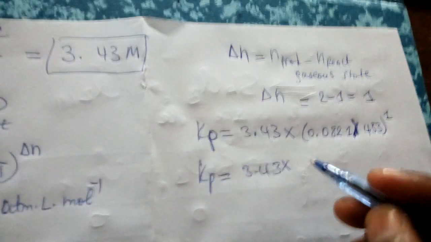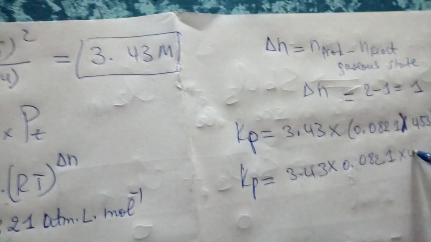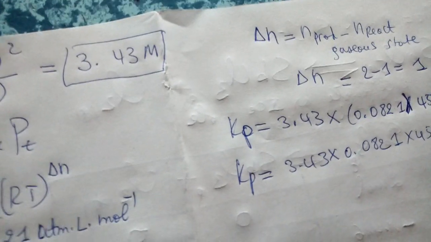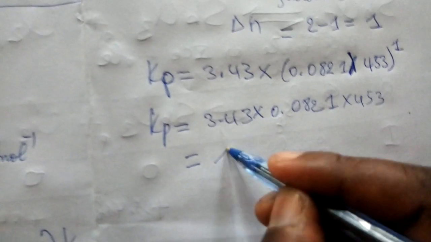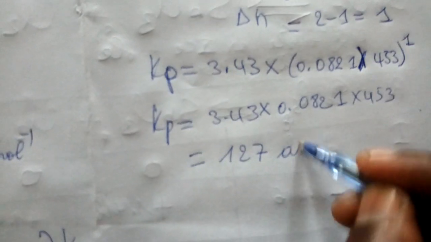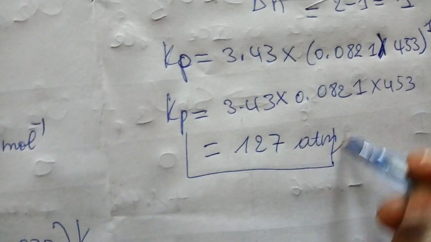So we multiply 0.0821 times 453, and here we find that it is equal to 127 atmosphere. This is Kp.